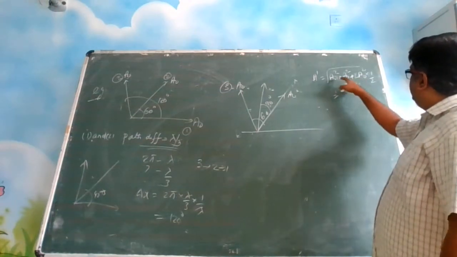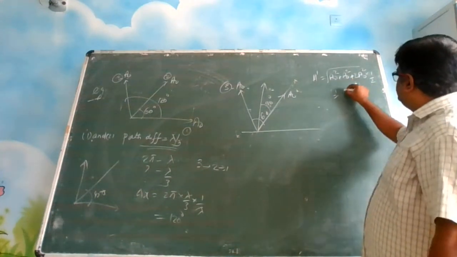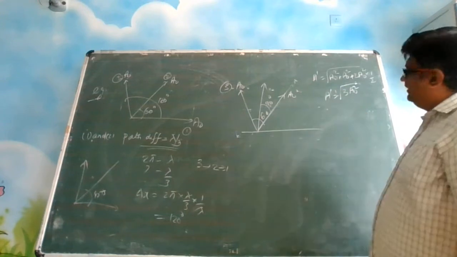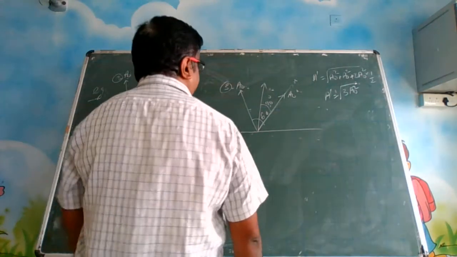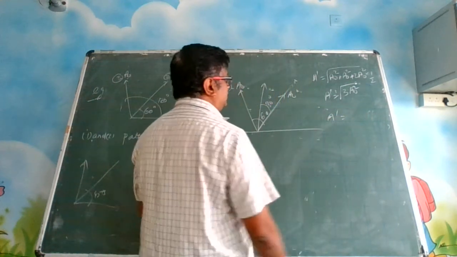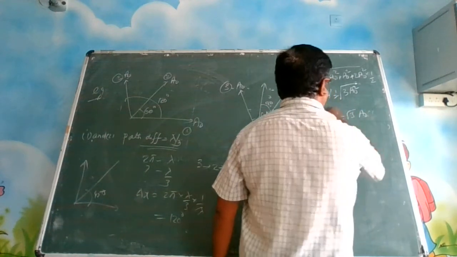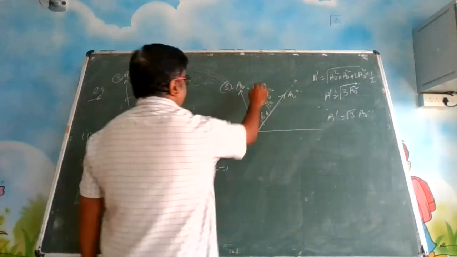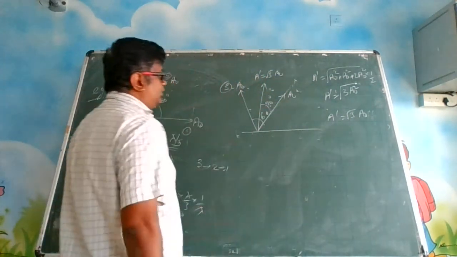So a0 square, a0 square, you got 2 a0 square and 3 a0 square you got. A dash. Okay. So that means A dash is equal to root 3 a0. It is root 3 a0.